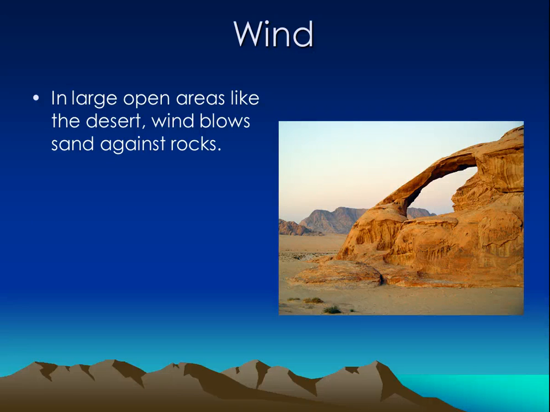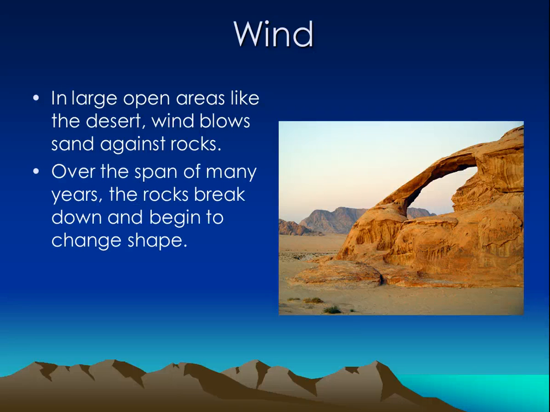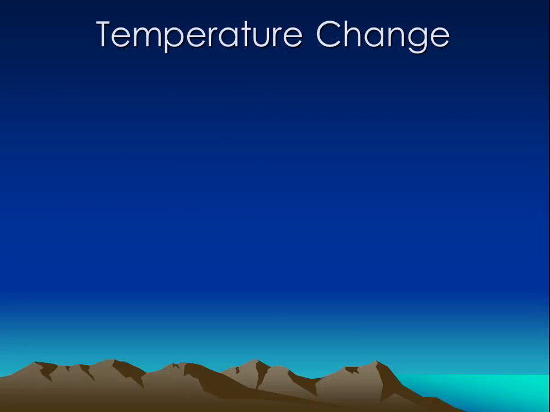Wind: in large open areas like the desert, wind will blow sand against rocks. If it's happening at a fast rate and over the span of many years, that wind will break that rock down, and the rock will also begin to change its shape.